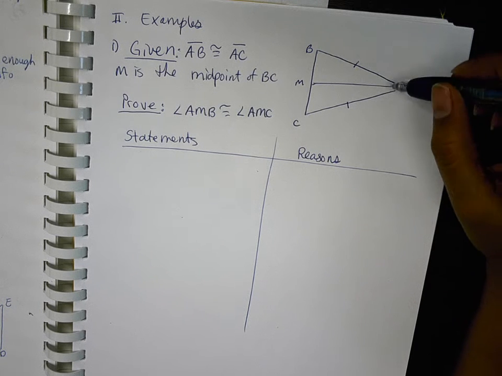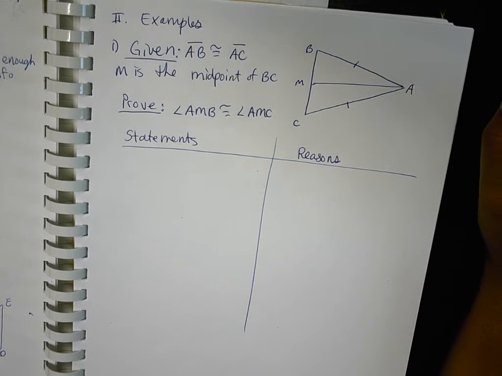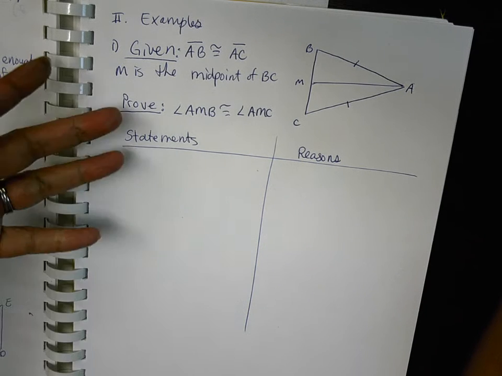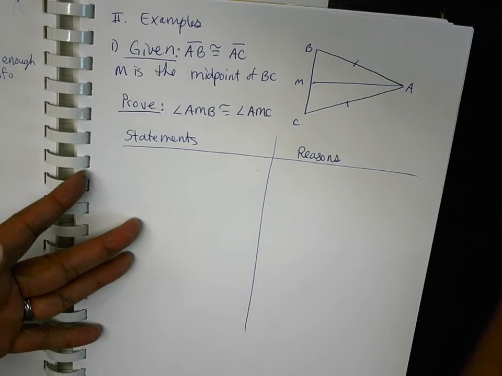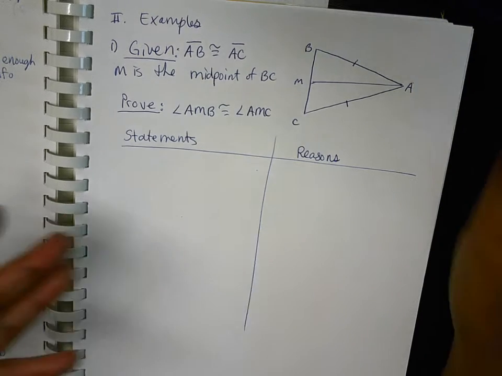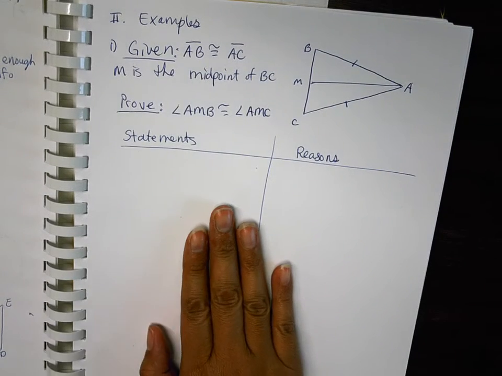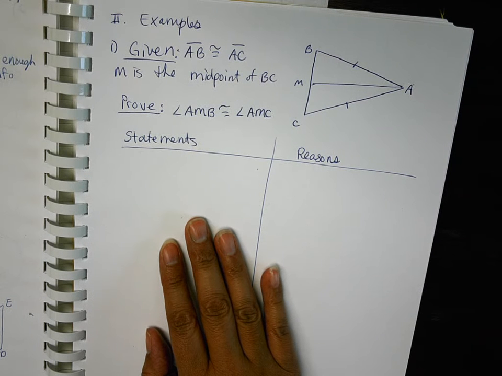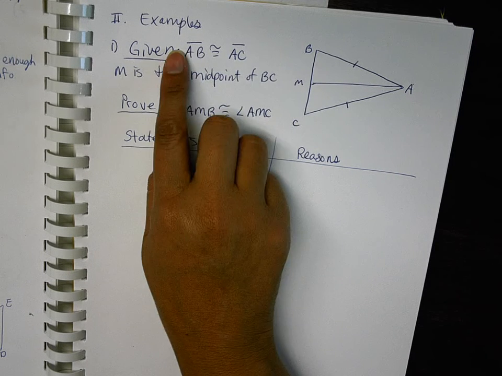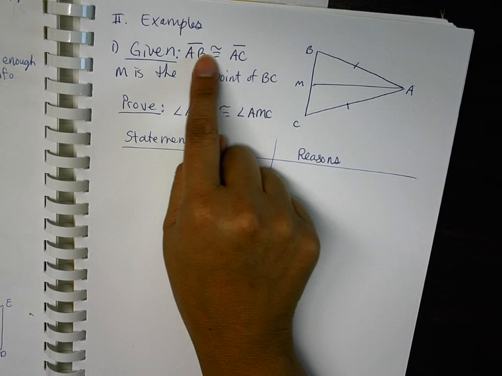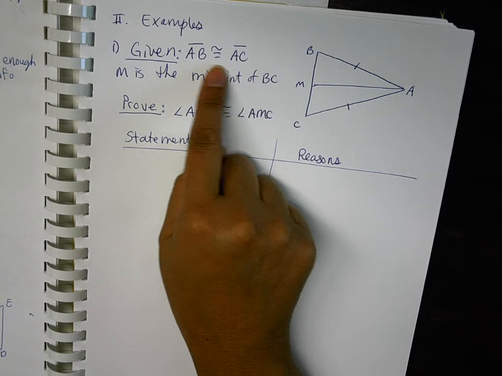Oh, that's not in the given information. We're going to put that down here because they won't ever give that to us. We need to write it down ourselves. It's kind of given because you can see it makes sense, but we still have to state it in our information. Okay, here's the given information right here. This is all given, freebie information, and this is what we're trying to prove.